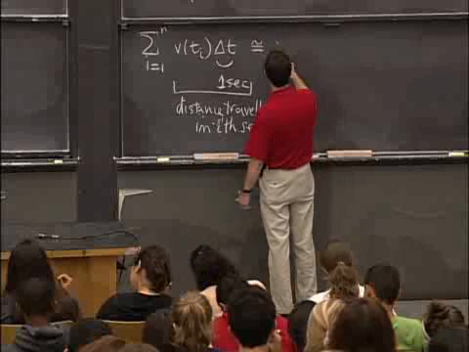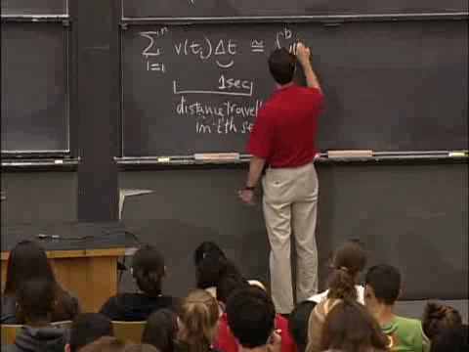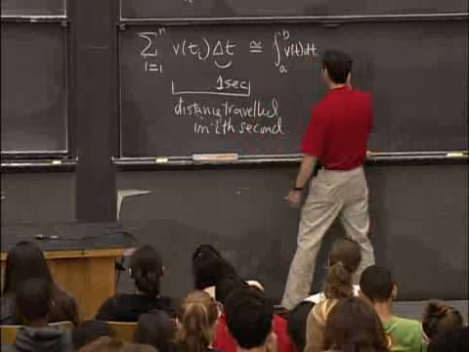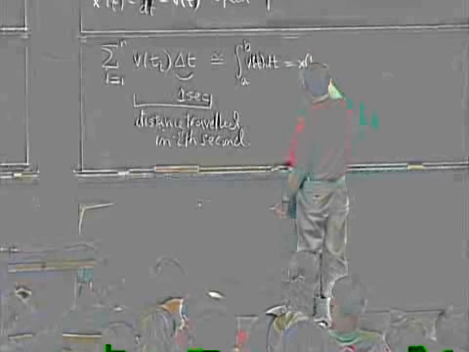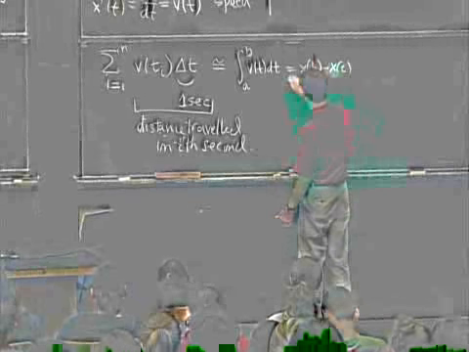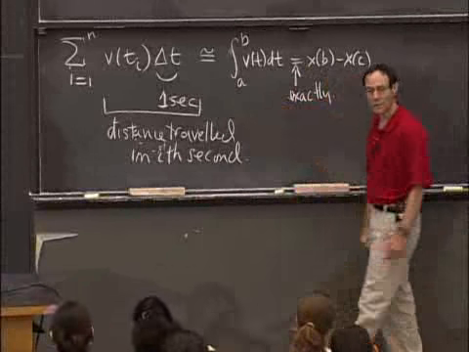And so the sum is a very realistic approximation to the entire integral, which is denoted this way, which by the fundamental theorem is exactly how far you traveled. So this is x of b minus x of a. Exactly. The other one is approximate.